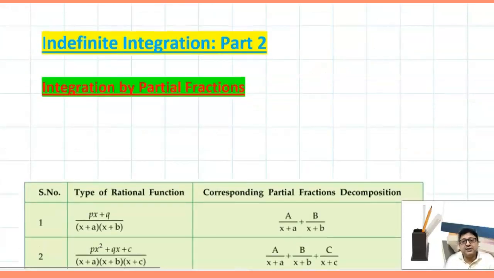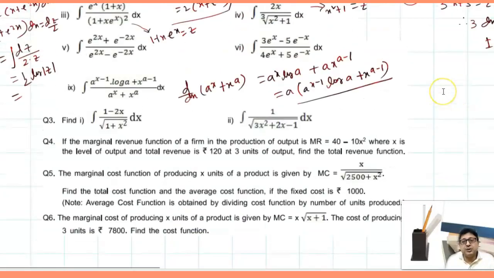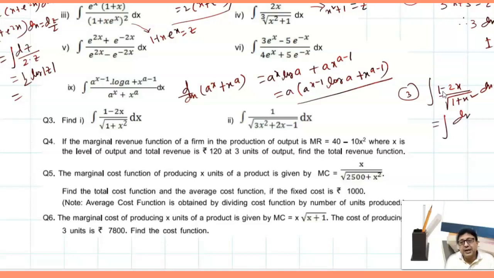I am just showing you number 3 here, that when it is 1 minus 2x by under root 1 plus x square dx, you write this one as sum of two integrands: dx by under root 1 plus x square minus 2x dx by root 1 plus x square.